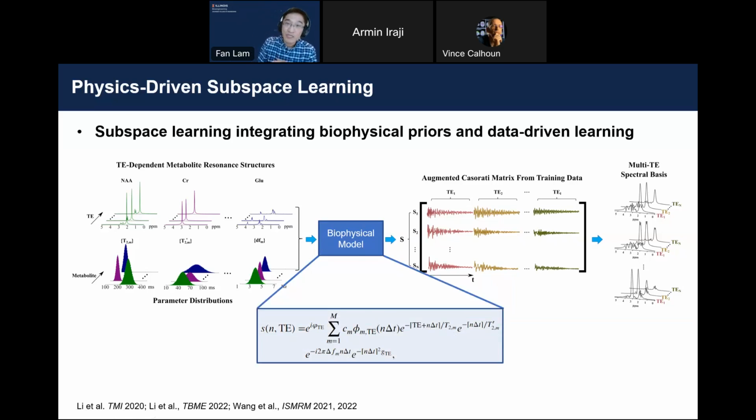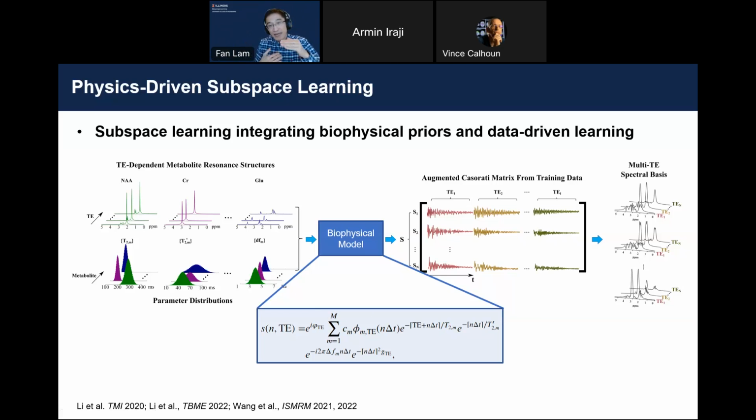And you can actually learn the distribution for these parameters using both experimentally acquired data, specially designed high SNR data, as well as pulling in numbers from the literature and trying to construct some kind of distribution of these parameters. So once you have these two elements, you can combine them and push them through the biophysical model to generate as much training data as you would like.